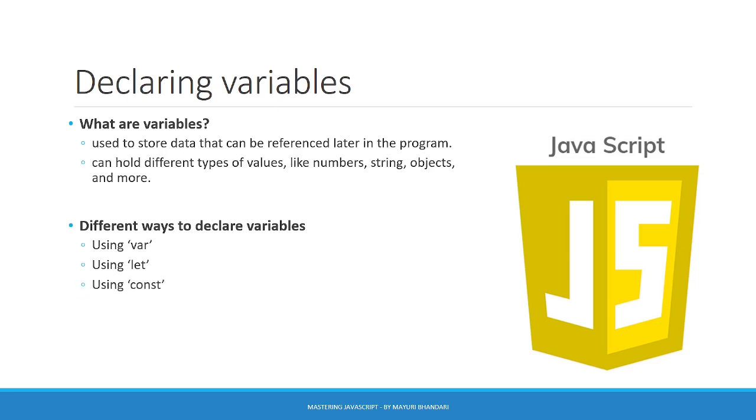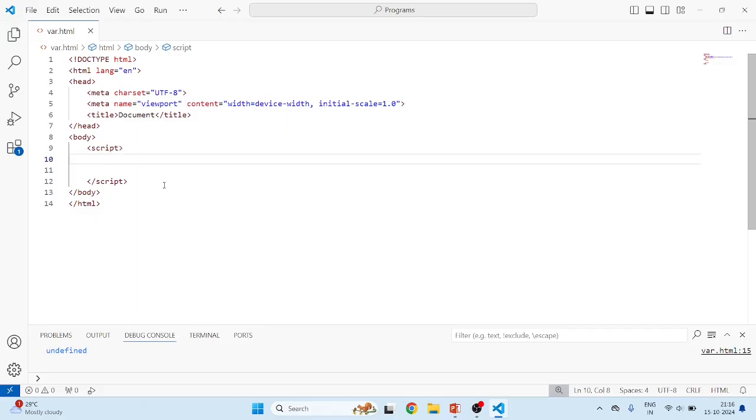Let us start with var and see how to declare and define variables using var. Here is our HTML file var.html, and inside the script tag we will define variables using var. Let us define it. var name = "Nisha". This is how we can define a variable using var.